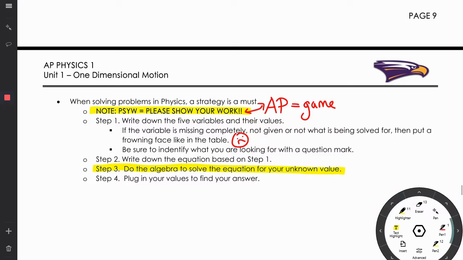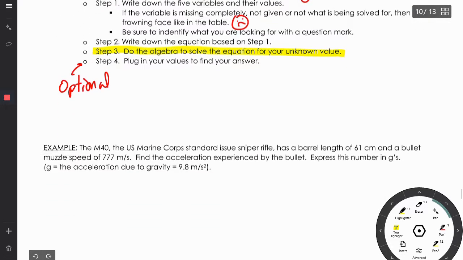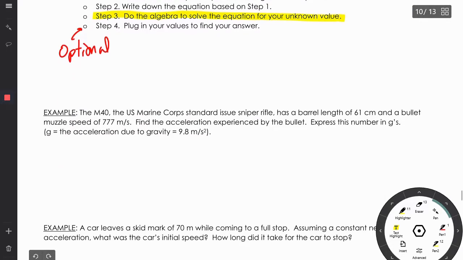Step 4 is almost optional, especially if it's a question that just says, hey, what is this variable in terms of this variable and that variable? Okay, so that's why step 3 is just as important as everything else. My recommendation is to do step 3 definitely before you do step 4. Plus it just helps you make sure that you have the equation solved the right way, and you're plugging in positives and negatives.